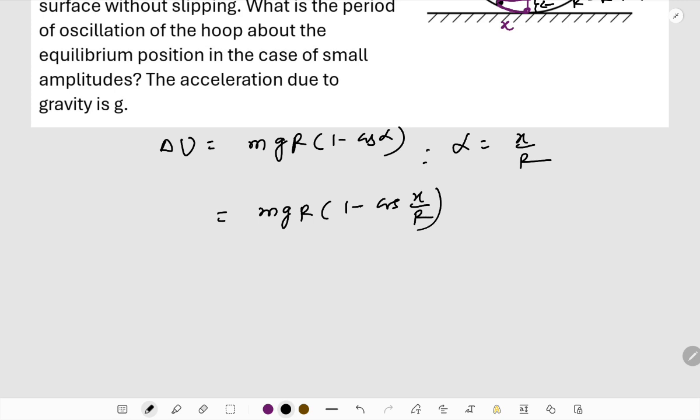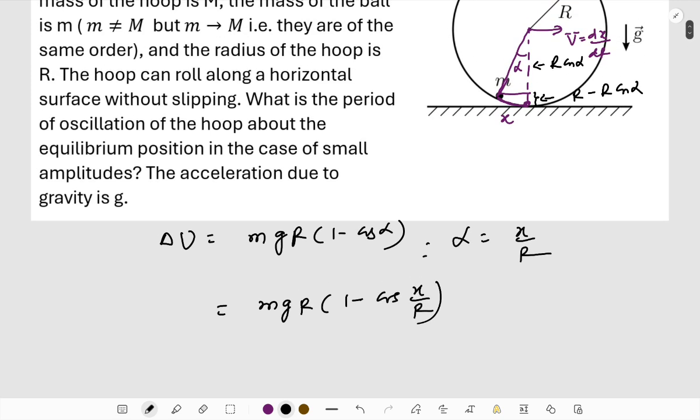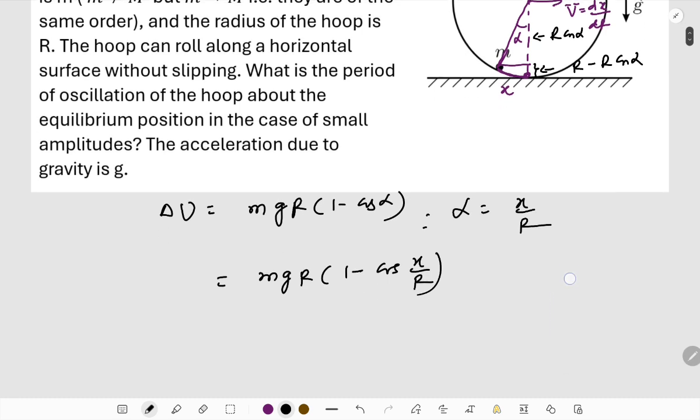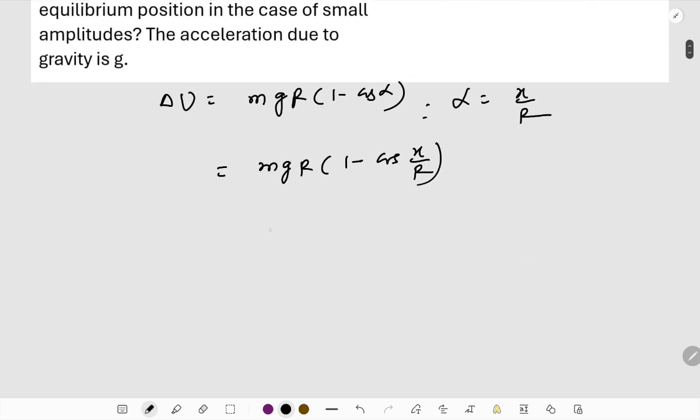And we have to consider that this alpha is quite small. For 1 minus cos alpha, if I assumed alpha is so small that alpha equals 0, then everything goes, nothing will happen. So I have to make the approximation to the second order.